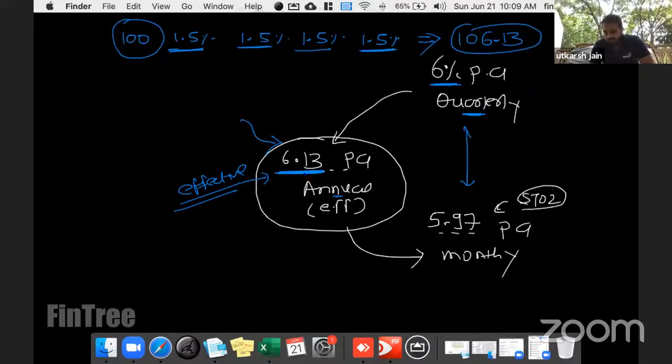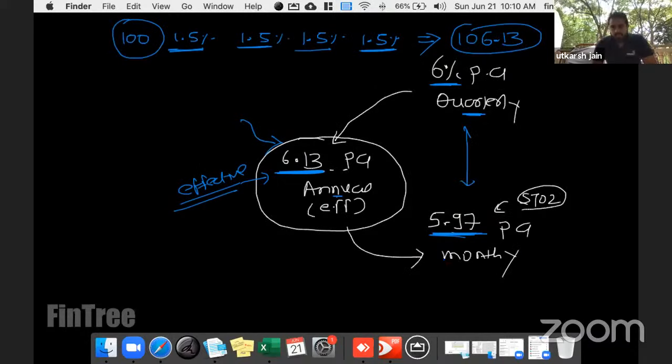So make your C/Y as 12, but effective you don't change. Go and press compute on nominal, and when you compute on nominal, you get 5.97. Now there are decimals after that, and because we don't want to lose the decimals, we store that in the second memory slot. So STO 2. So hopefully you're comfortable with the rate conversion.